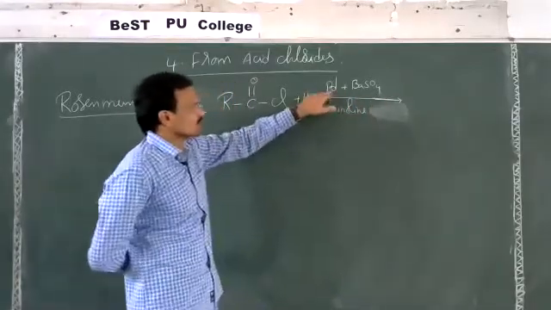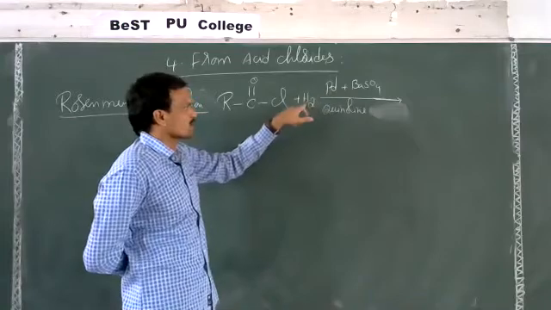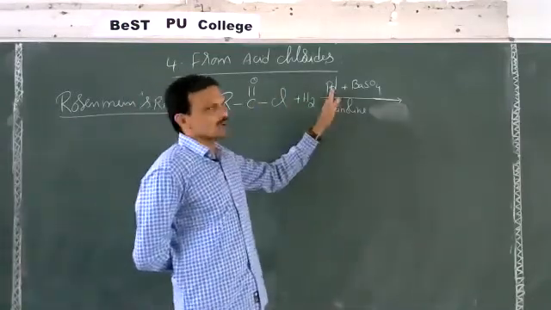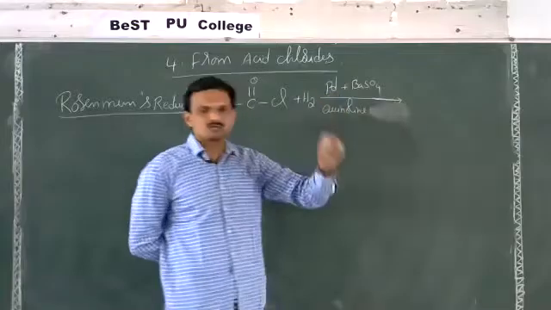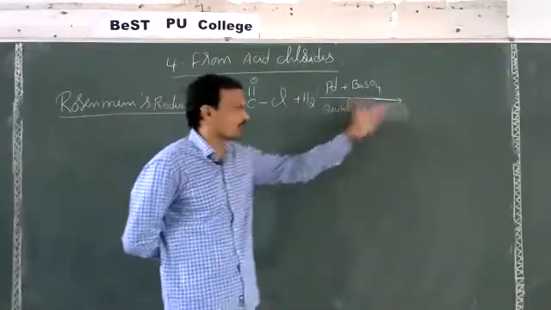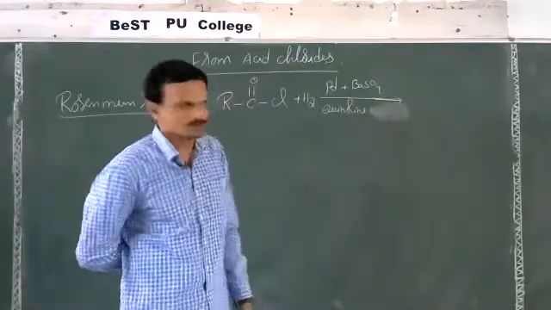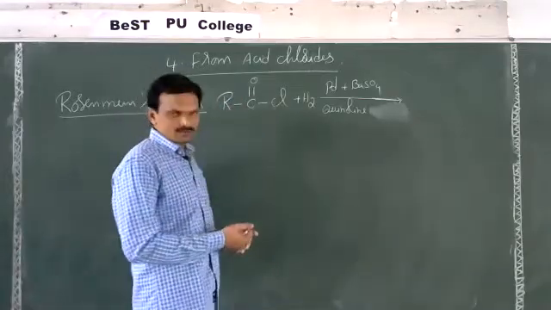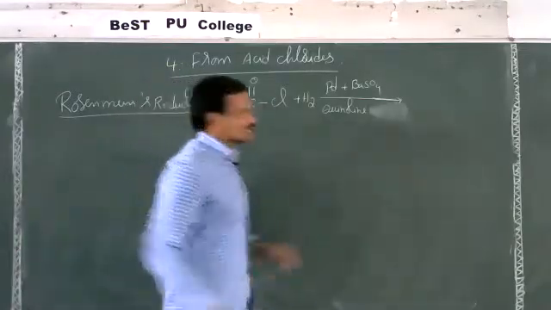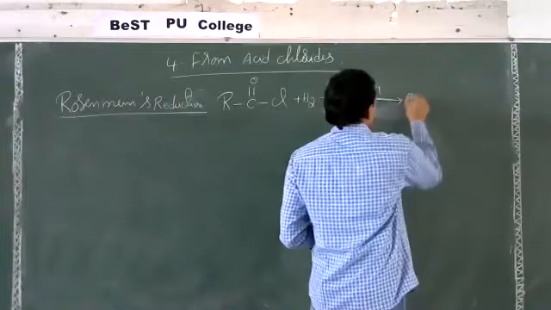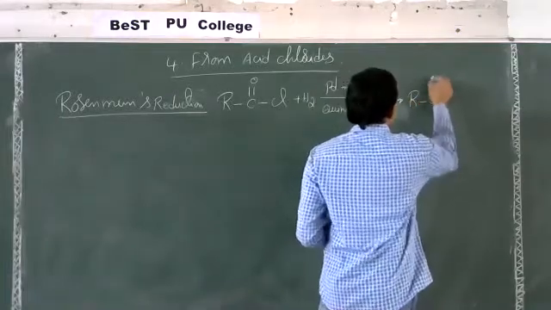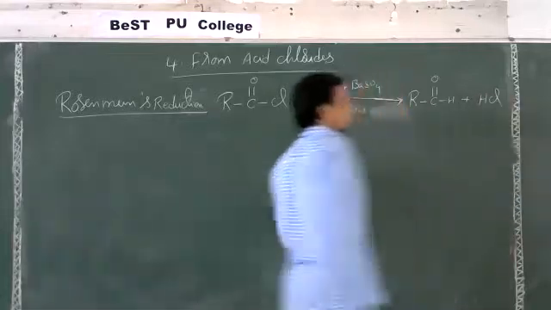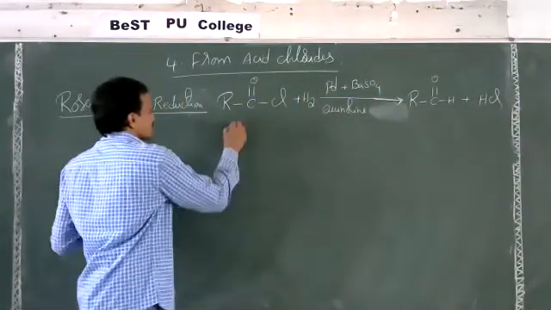Actually, palladium is a strong reducing agent. Palladium plus hydrogen is a strong reducing agent. And the activity of that palladium will be reduced by the presence of a small amount of BaSO4 or CaCO3 in quinoline or a sulfur containing compound. So here, controlled reduction takes place. This acid chloride is reduced to the corresponding aldehyde RCHO plus HCl.